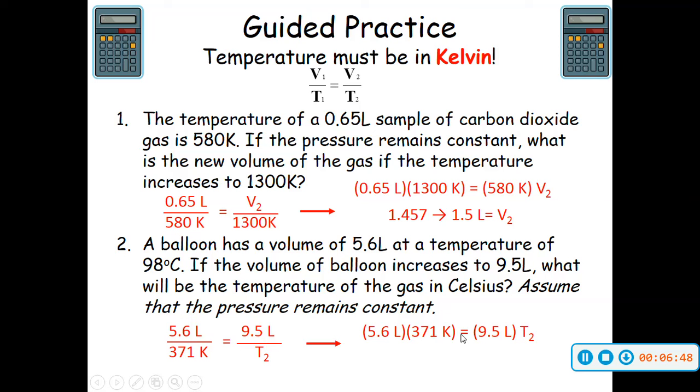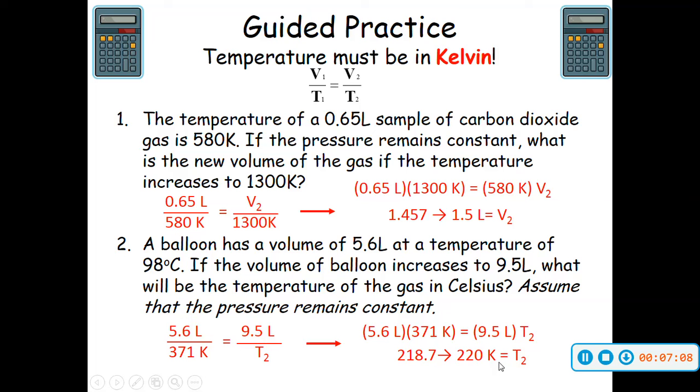Then we set that equal to 9.5 liters times our unknown T2. When you multiply those values and then divide by 9.5, you should get 218.7, which rounds to 220 Kelvin.